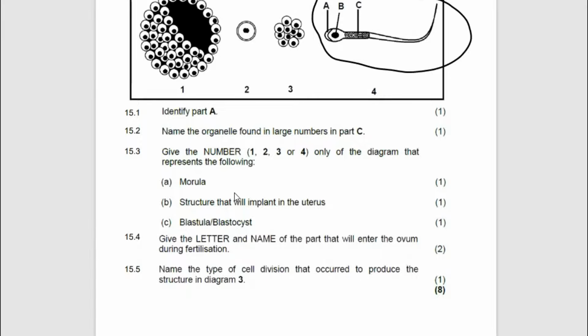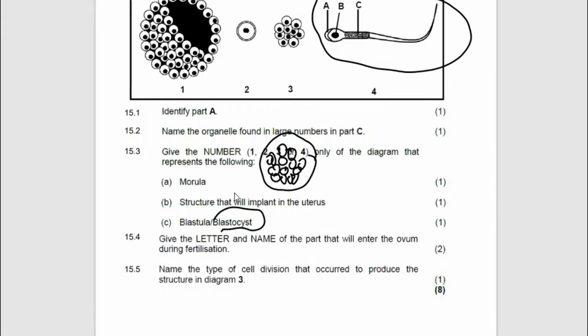What is a morula and what is a blastula or blastocyst? The way you pronounce it does not matter, as long as you remember. A morula is just a ball of cells. This ball of cells has no hole at all, so you look for something like that.